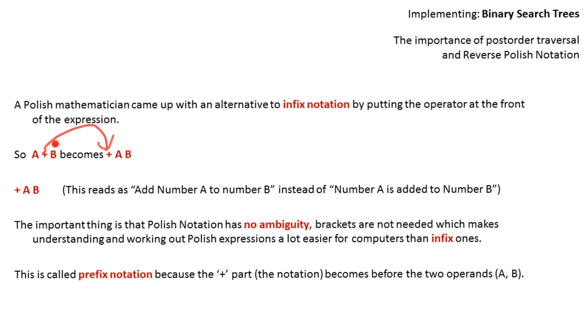So here we have our infix notation, but here, where we place the operator at the start, it is now called prefix notation, or Polish notation. This now reads as follows: add the numbers A and B together, instead of number A is added to number B. Now, the important thing here with prefix or Polish notation is that it has no ambiguity.